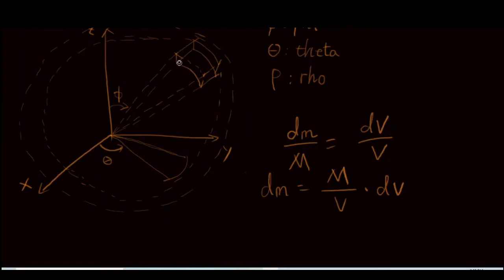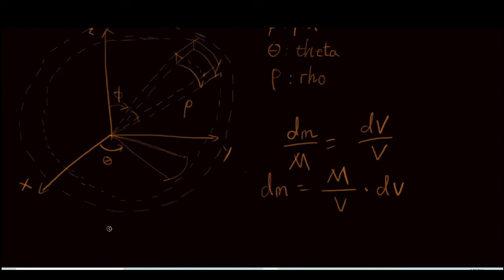Speaking of the volume, we need to find the length, the height, and the width. So the length here would be this length, which is rho, times this angle, which would be dphi.